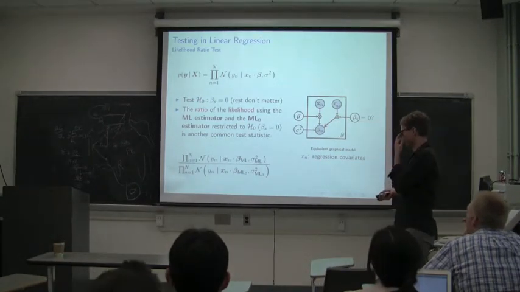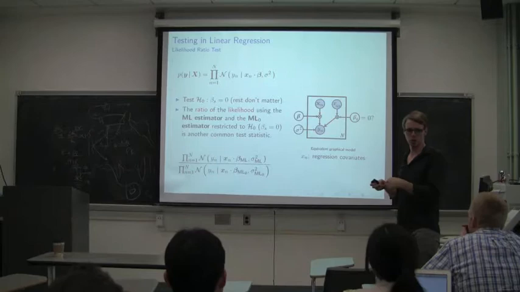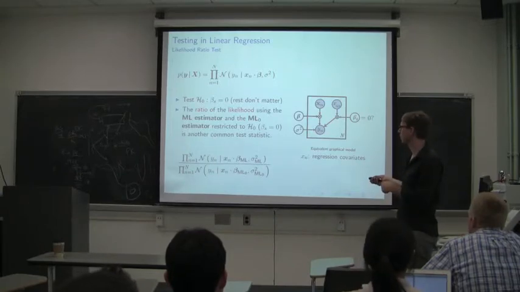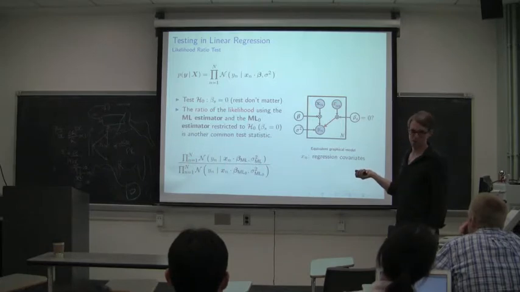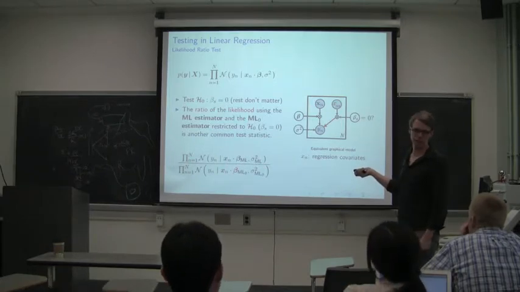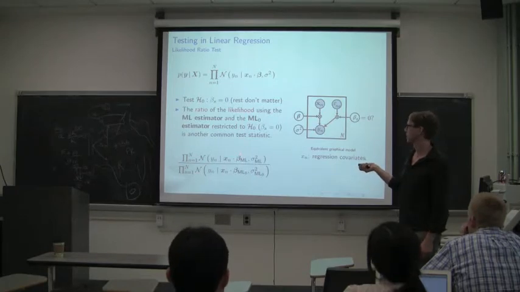Your alternative model is a little bit more complex than your null model. So you know that you can maximize over one more parameter than here, because here one of the betas is equal to 0, while here they all can be whatever.